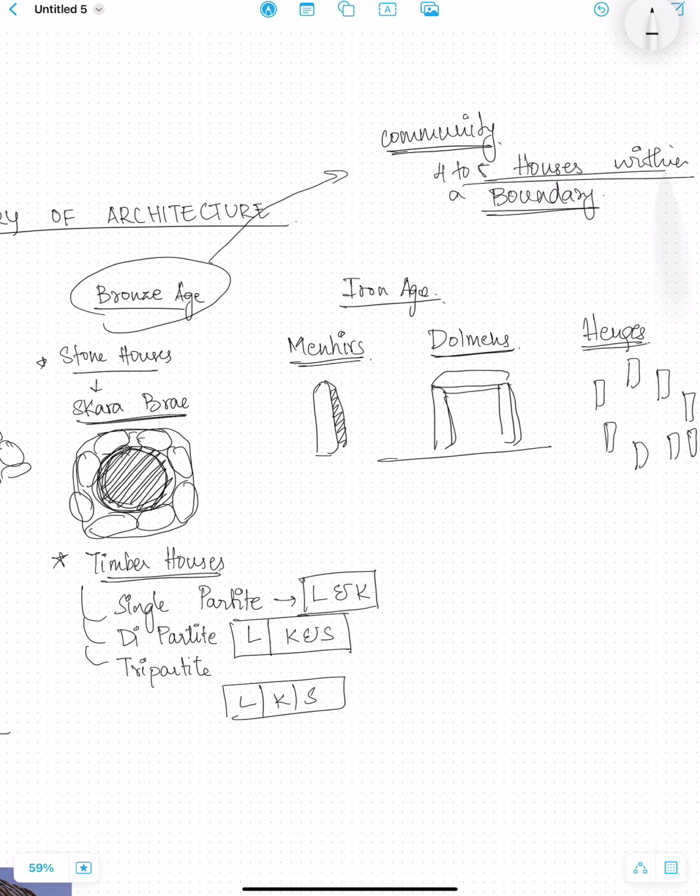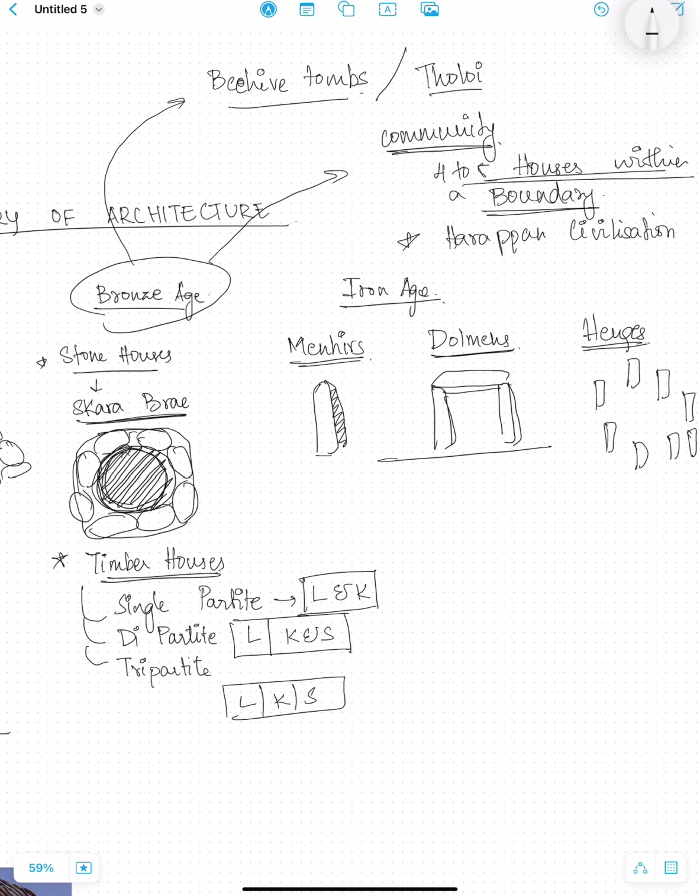Settlement or civilization example of Bronze Age I would like to give is Harappan civilization, which most of us know as Indus Valley civilization. And another thing that was famous in Bronze Age would be the beehive tombs, or the tholos or tholoi. I'll talk about this a bit later.